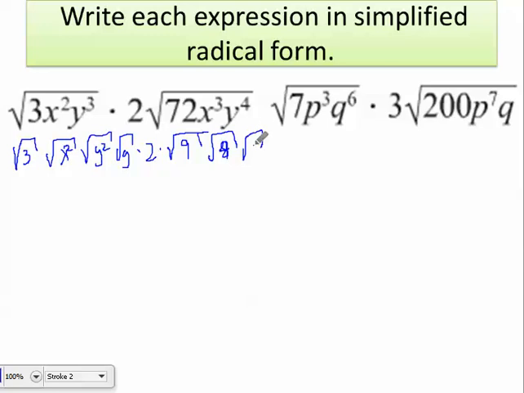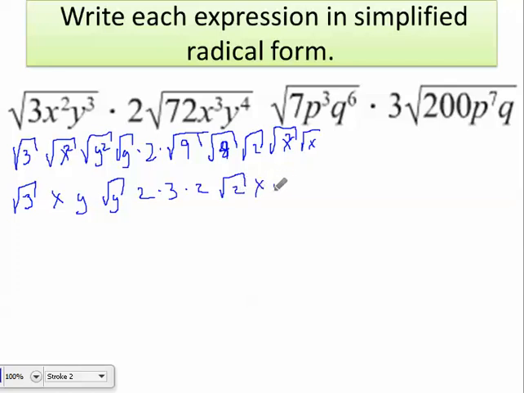Square root of 2. You can see I'm doing these as we go. Square root of x squared. Square root of x. Okay? So now I'm going to write down anything that I could get the square root of. Square root of 3, x, y, square root of y, 2, 3, 2 times 3 times 2, square root of 2, x, and then a square root of x.